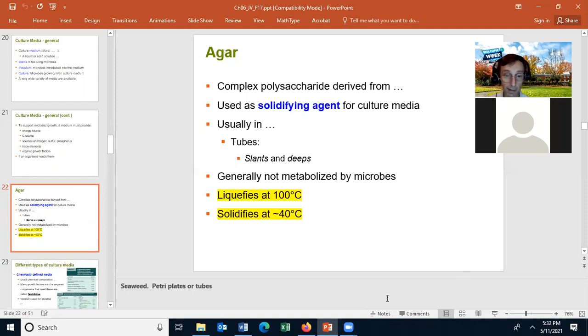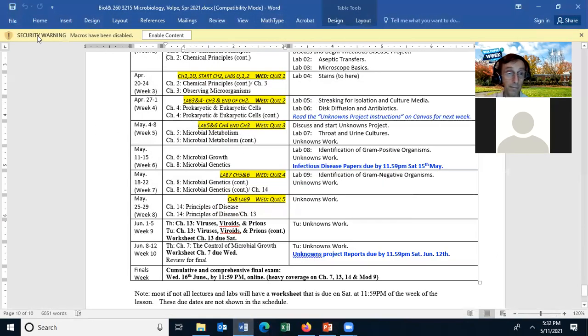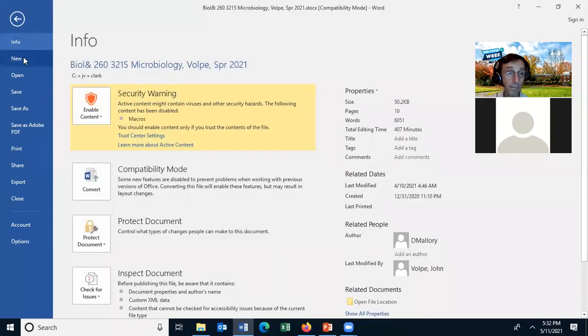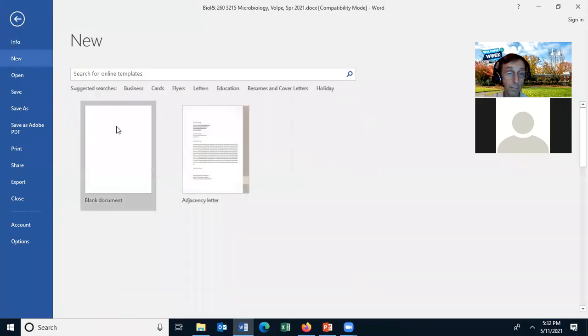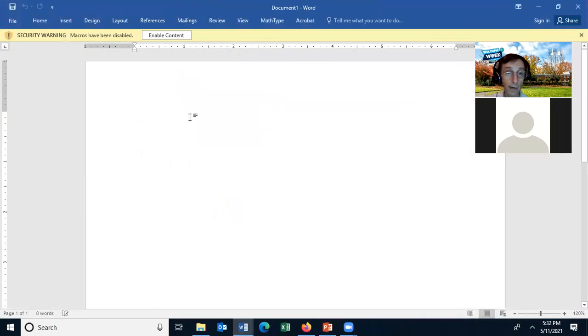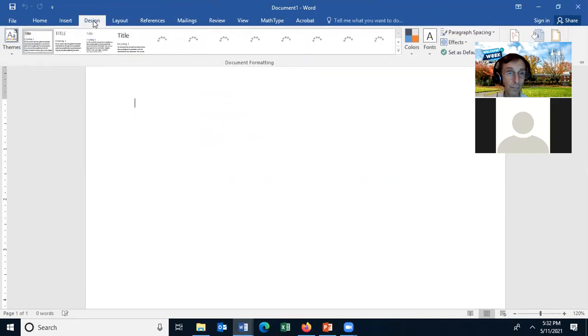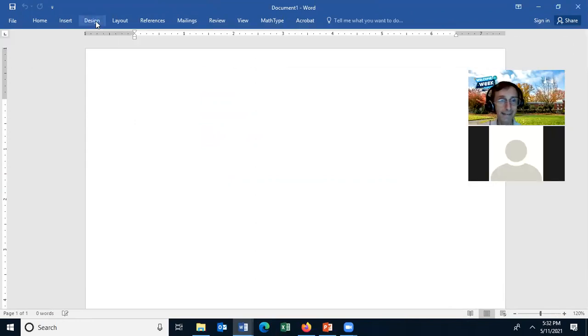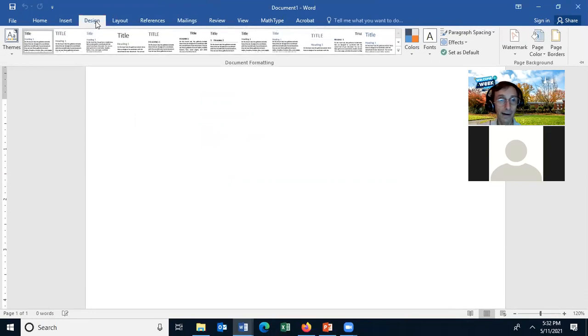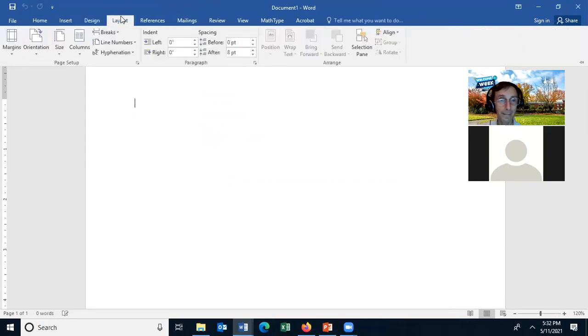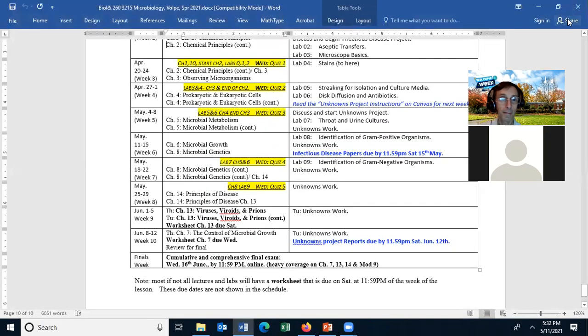Let me see if I can get this open. And we do have two types of tubes. Let me see if I can draw here. Not there. I might need help here. How do you draw? Let me see if I can get paint.